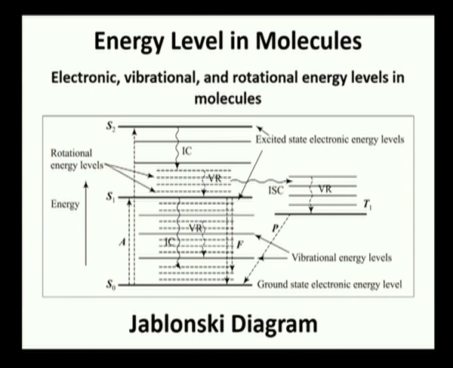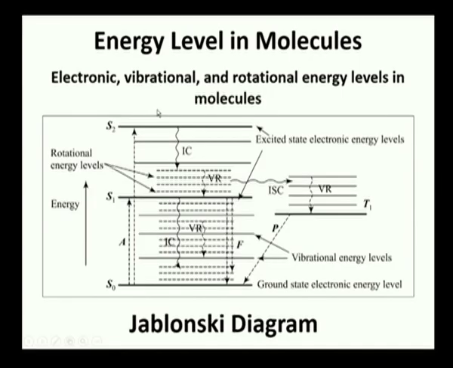In an atom there are only electronic energy levels, they do not have vibrational and rotational energy levels, whereas in molecules you have all three. The electronic energy levels are greater than the vibrational energy levels, which are again greater than the rotational energy levels, which we have seen in the last lecture.